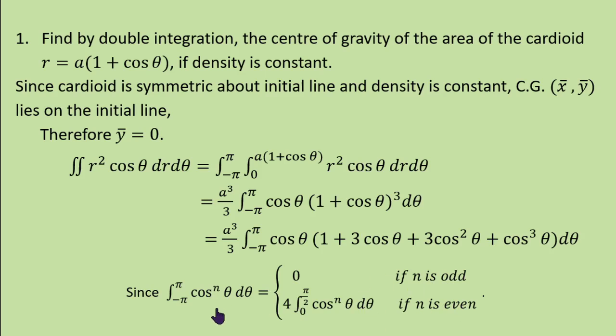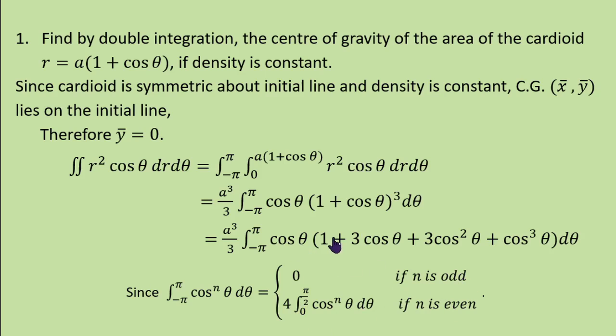Why? Because minus pi to pi becomes 2 times 0 to pi as cos is even. Then 2 times 0 to pi becomes 4 times 0 to pi by 2 for n even, because cos of pi minus theta is minus cos theta, and if n is even it becomes plus, so it is 2 times 0 to pi by 2. So one more 2 is there.